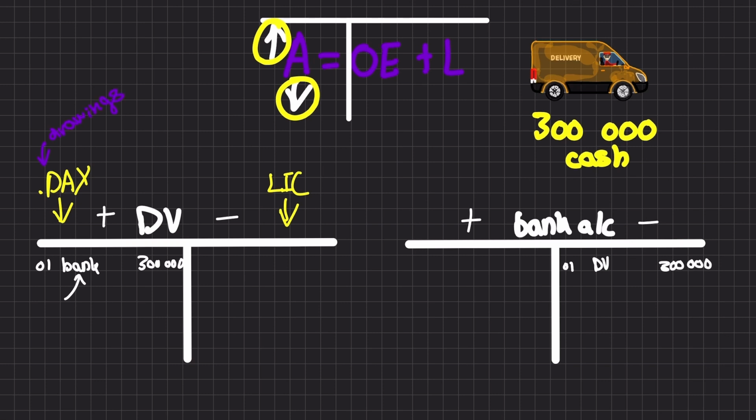Now you might be saying, why is that on the debit side? Because if you think about it, drawings decrease your owner's equity, and owner's equity is on your credit side, so therefore the drawings would increase on your debit side. This can get a little bit confusing. So if you want, pause the video, draw it out for yourself, and try to understand it.